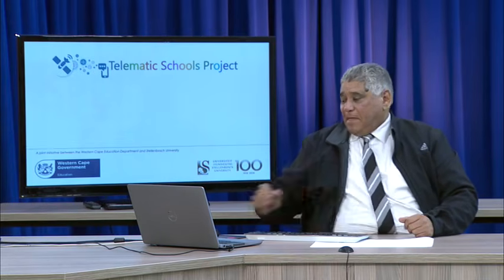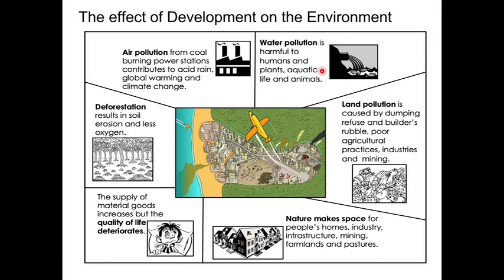So when it comes to development, there's one thing that we must remember. Pollution and development go hand in hand. And at the moment, we are not making a good enough attempt to combat that. The last one of the pollutions would be your land pollution. And this is caused by dumping, rubble, poor agricultural practices, industries and mining.